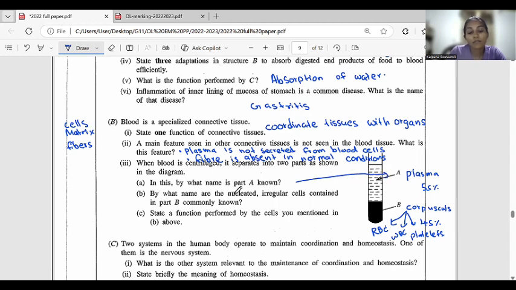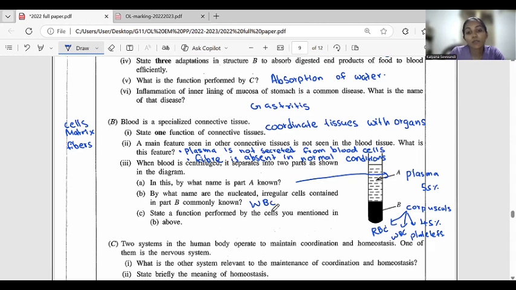By what name are the nucleated irregular cells contained in part B commonly known? Normally, red blood cells don't contain any nucleus, to increase their hemoglobin oxygen carrying capacity. Platelets are considered cell fragments, and only white blood cells have a nucleus. So the answer should be white blood cells.